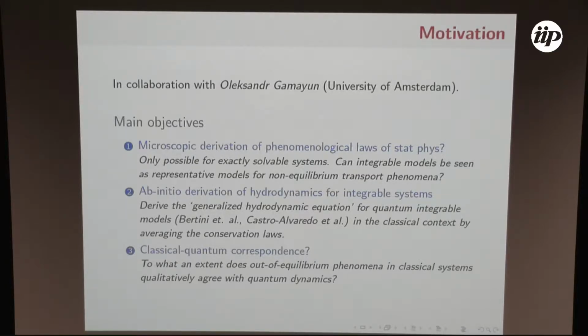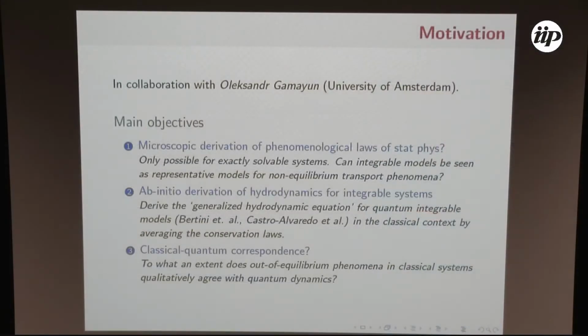This is a framework that was proposed 2 years ago in 2 papers, one by Bertini, Fagotti, De Nardis, and others, and the other by Castro-Alvaredo, Doyon, and others. And so the question is whether this kind of equation can also be explained in a purely classical system, or is it something that only makes sense in quantum mechanical systems?